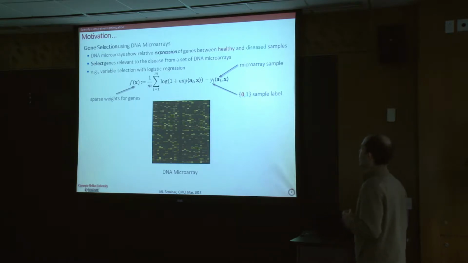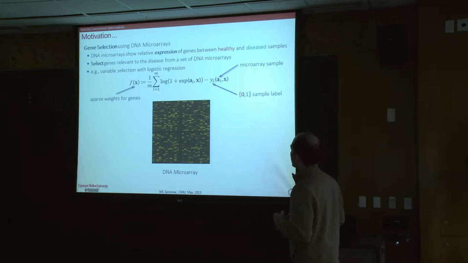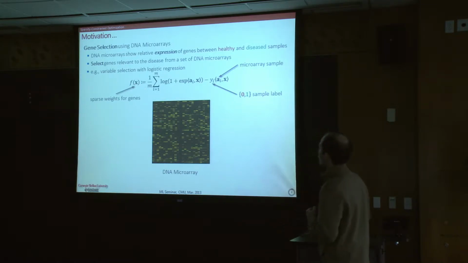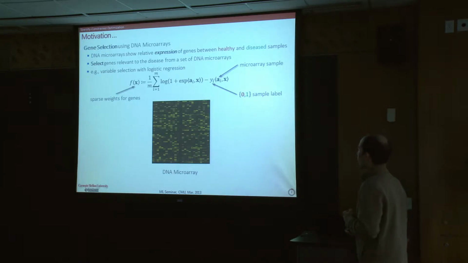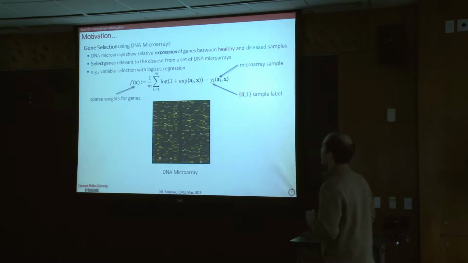As most of you are familiar with, you can apply something like logistic regression, and you can use the logistic loss, which has this form, to perform this feature selection or variable selection. In this particular case, the gene selection problem.